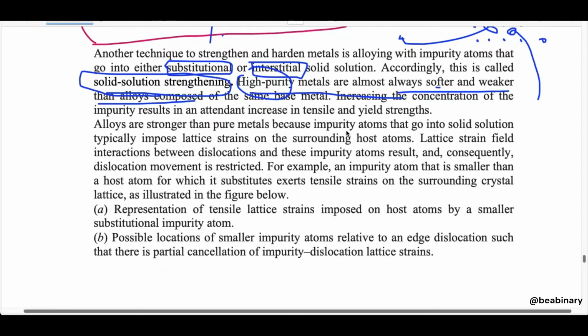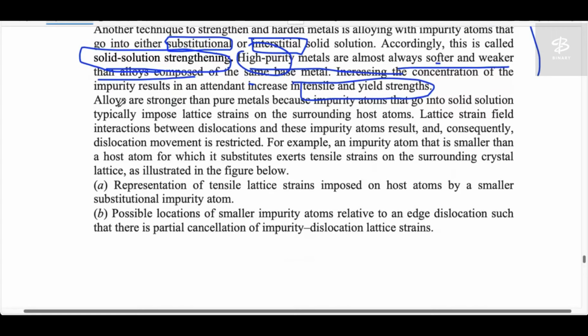This is just because of solid solution strengthening. Increasing the concentration of the impurities results in an attendant increase in the tensile and yield strength. At the same time, you are increasing the tensile and yield strength.